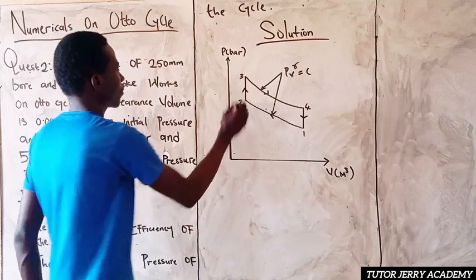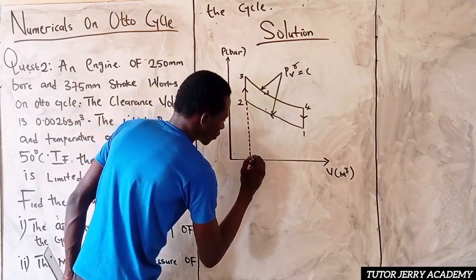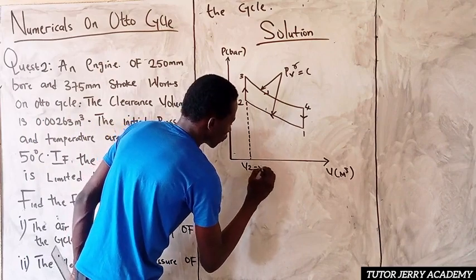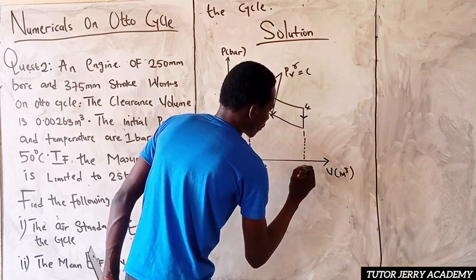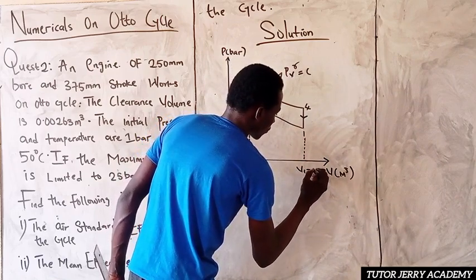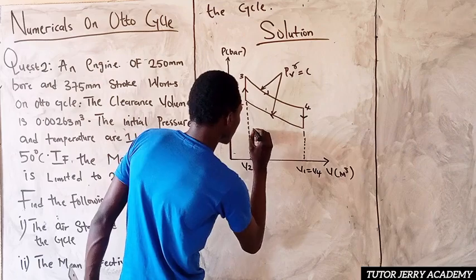Now, what do we do next? Of course, we can trace this down. This is nothing but V2, which is equal to V3. This is V1, which is equal to V4. Of course, you can trace these two.